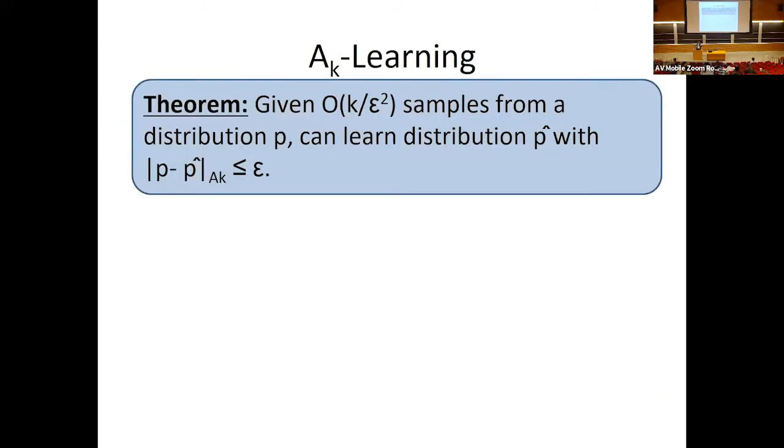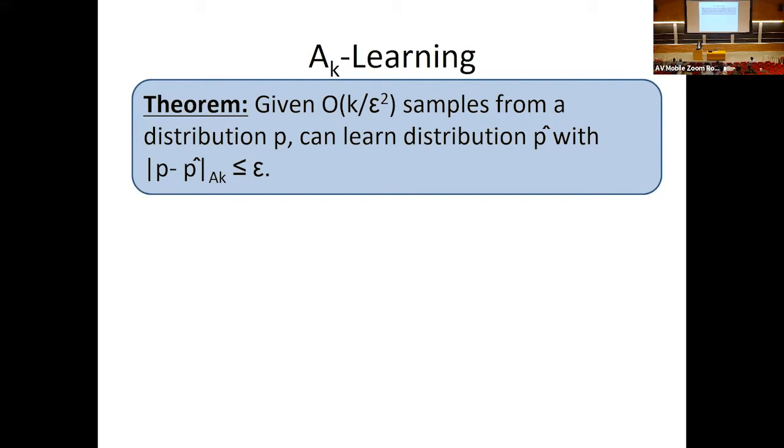So what do we gain from this? Well, for one thing, AK distance is not nearly as strong as total variation distance. It makes a lot of things easier. For example, it's not hard to show that you can learn very effectively with respect to AK distance. So given only K over epsilon squared samples from a distribution P, you can learn it to epsilon error in AK distance.